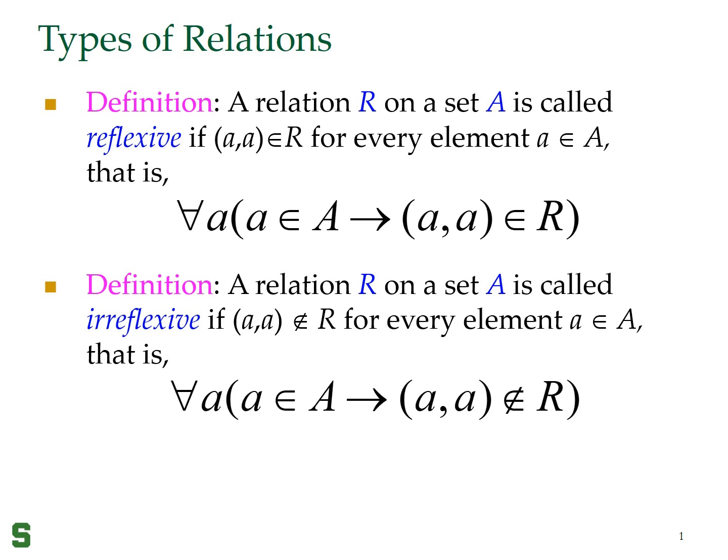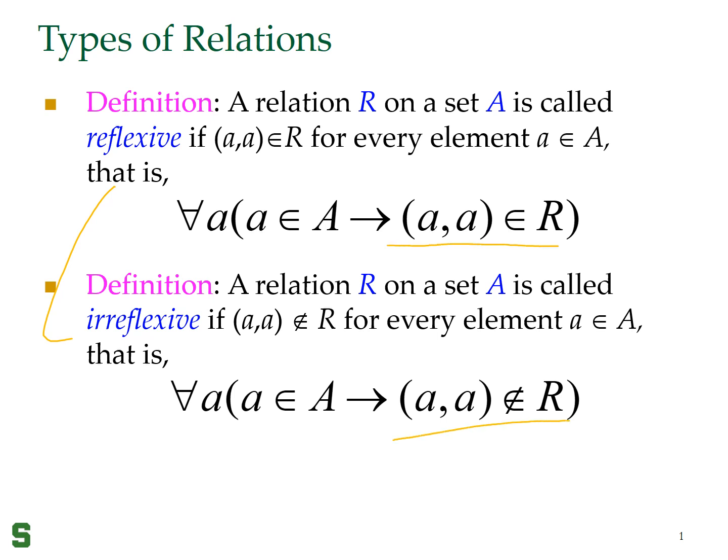the answer is that it is possible that the relation is neither reflexive nor irreflexive. That means it's not reflexive and it's not irreflexive. In other words, these two are not the opposites of each other. The reason for that is this is saying every pair has to be in the relation, and this is saying no pair can be in the relation.